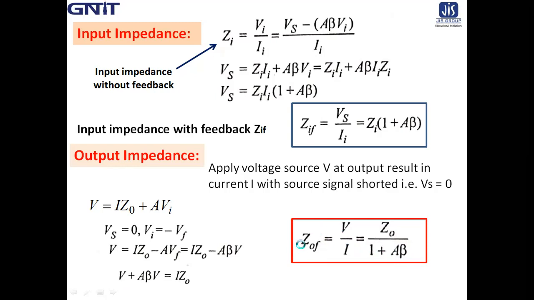Clear? So the output impedance is reduced by a factor of 1 plus A beta. The same behavior is observed for voltage shunt feedback amplifier. Hence, low output impedance is observed for voltage sampling topology. A voltage amplifier should always have high input impedance and low output impedance.